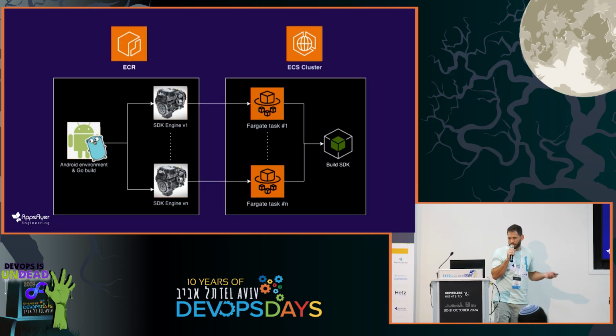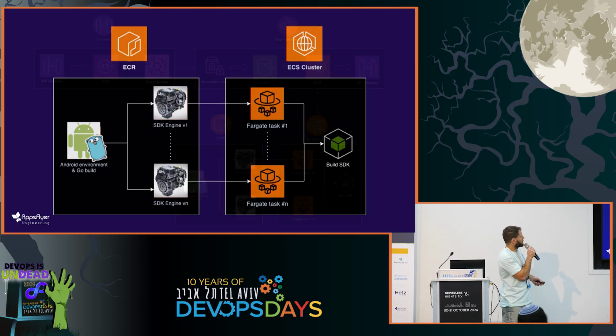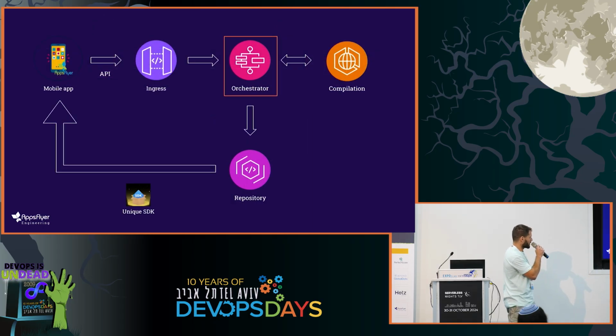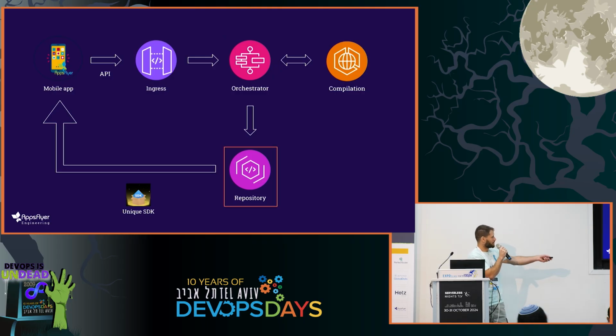So this part right here is called the ECS cluster. So on the left, the repository for our containers, and on the right, the place where our containers are going to be running. And another look at this scary architecture. We have ingress, step function, ECS, and ECR. And now I'm going to give the stage to Eitav to talk more about the repository.